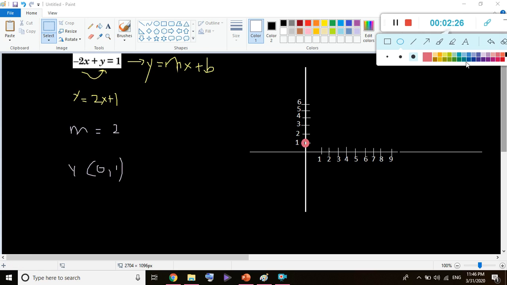Then how we're going to find the second point? Again, do you remember when I told you m equals 2? It means it's equal to 2 units upward and 1 unit to the right, because it's positive here.